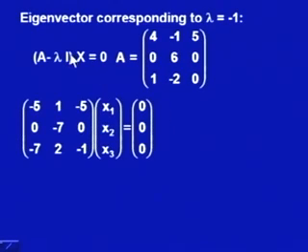If I substitute, I have minus 5, 1, minus 5, 0, minus 7, 0, minus 7, 2, minus 1, multiplied by x1, x2, x3, equal to 0, 0, 0.